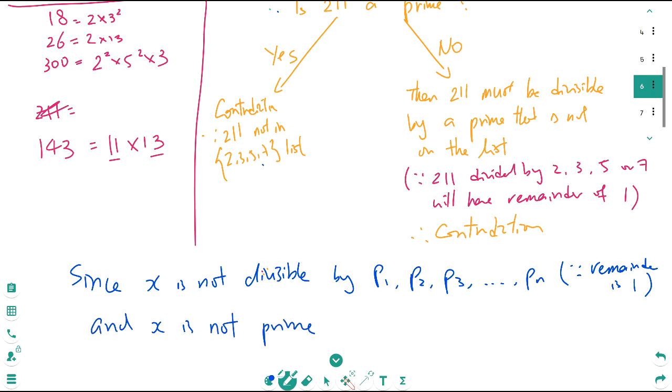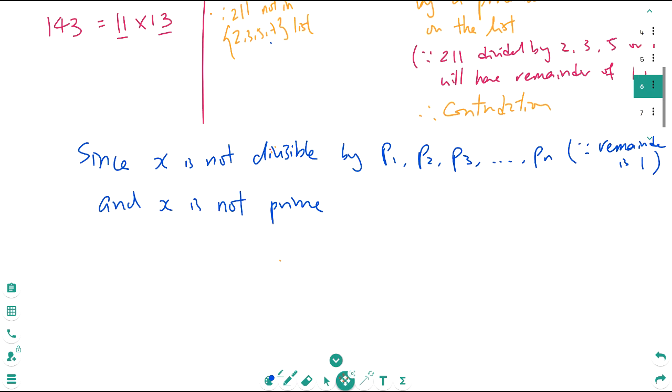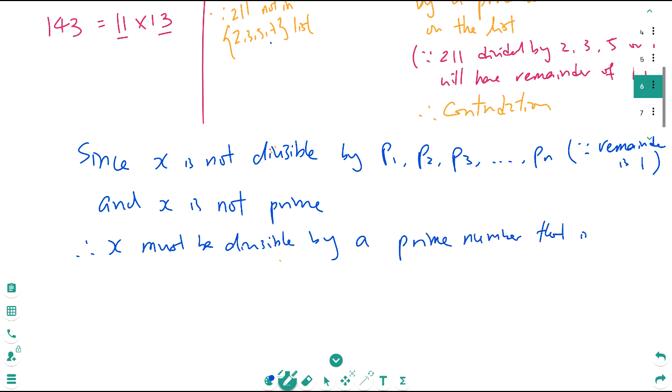So what we're trying to say here is, x is not a prime, we're going down this route of saying no. So if x is not a prime, then therefore x must be divisible by a prime number that is not on the list.